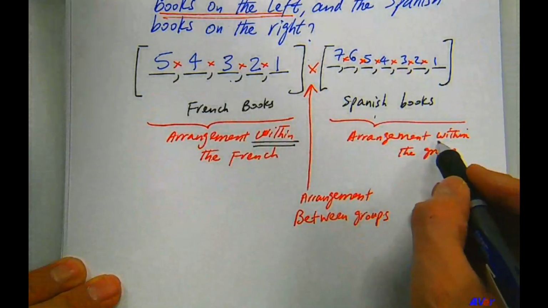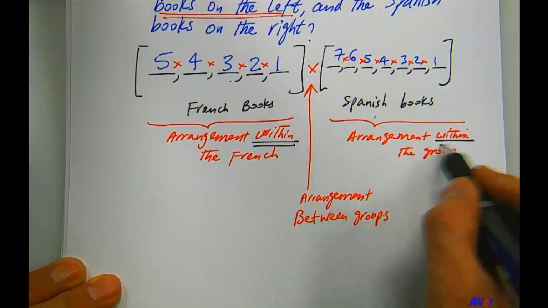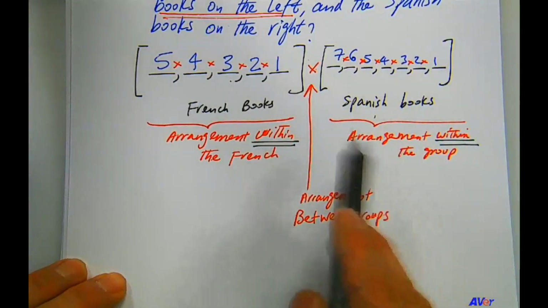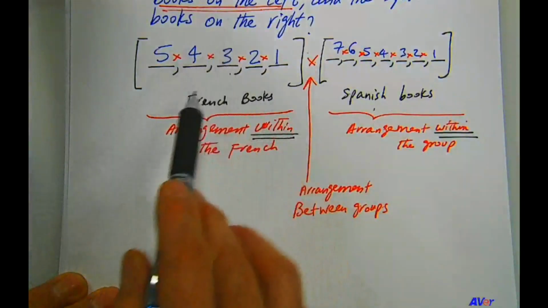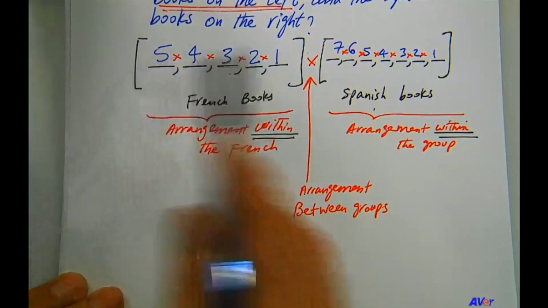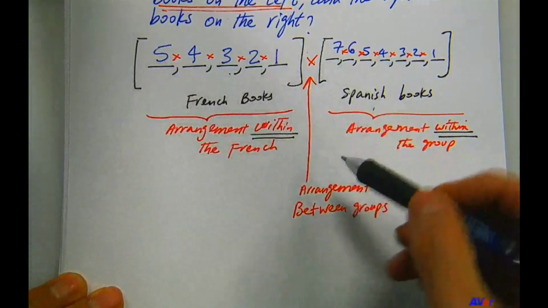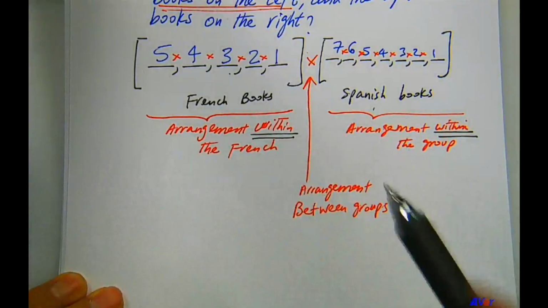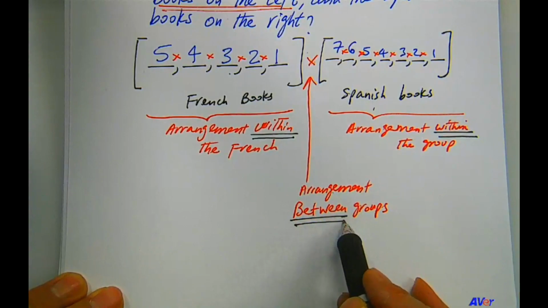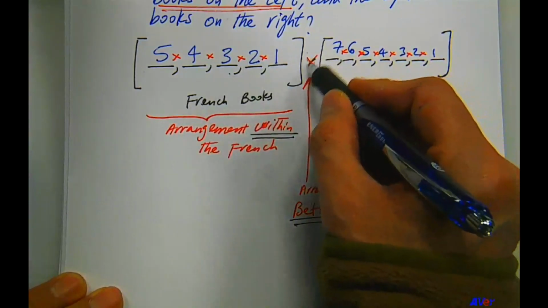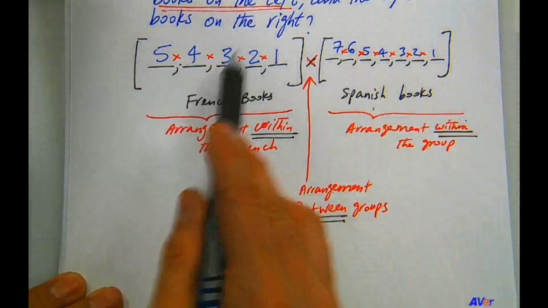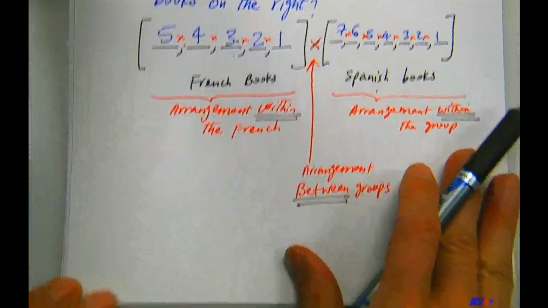This calculation is calculating the arrangements within this group such that order matters. And because we're restricted to these books on the left, these books on the right, there is just one arrangement between the groups. There are no other arrangements possible between the groups. And that comes in here. So we simply multiply this by that, and we're done.